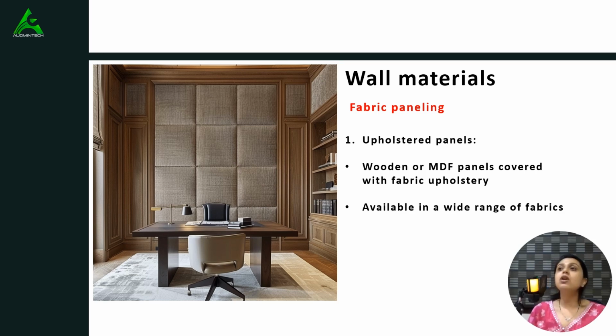So even though you are using delicate materials, use them such that they do not get spoiled as easily. This is something that we always suggest everybody to do: whenever you're looking for a design and you're thinking about a concept, think about what will happen to this design in 10 years. What will happen to this material in 10 years? That is something that you should always ask yourself.